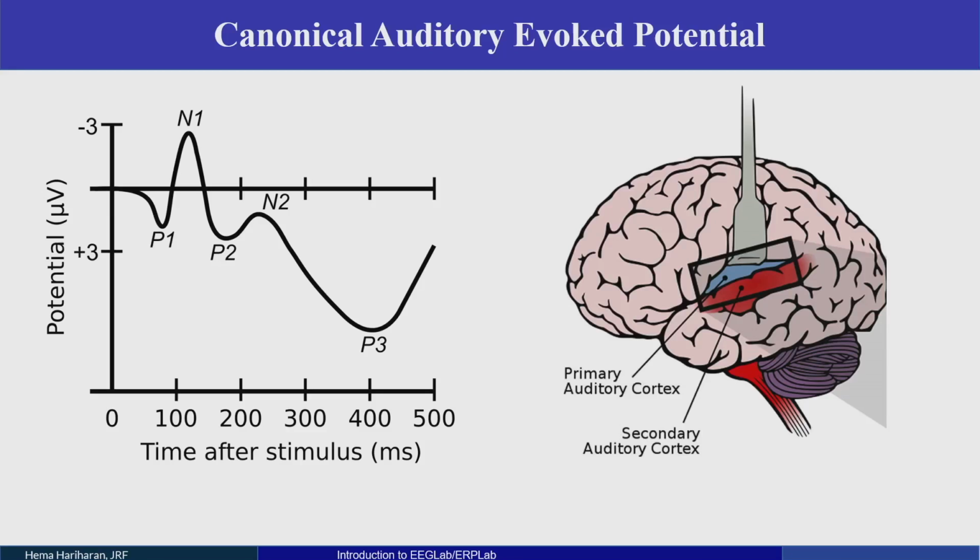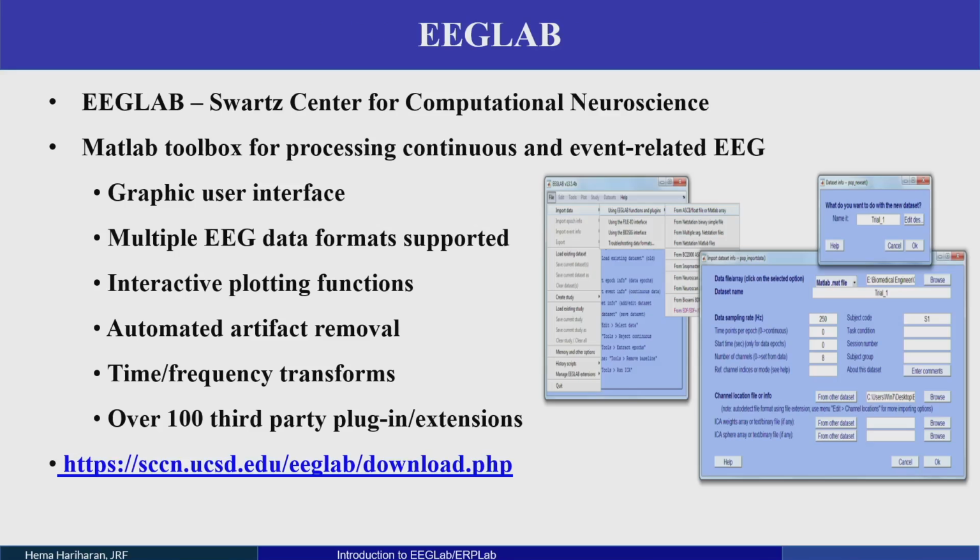After data acquisition from the Neuroscan, we will get continuous data, as I told you, ranging about 200 seconds or more. We have to further process it using EEGLab and ERPLab. So I'll give you a small overview of EEGLab and ERPLab.